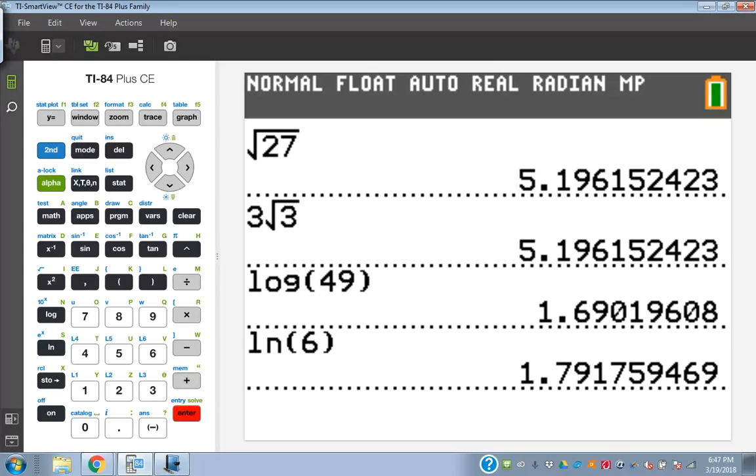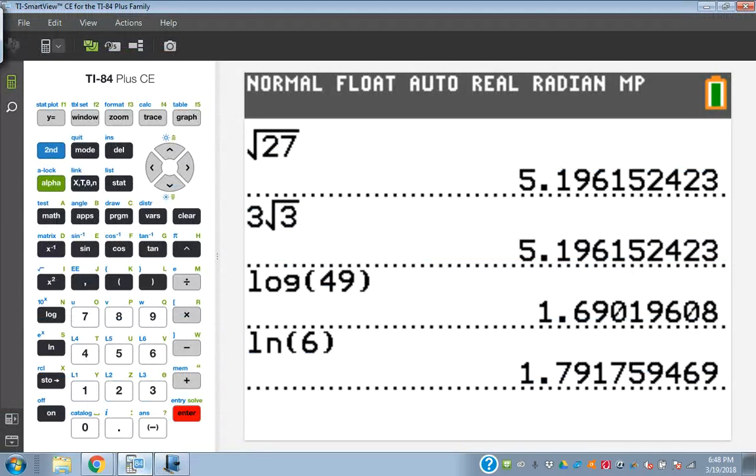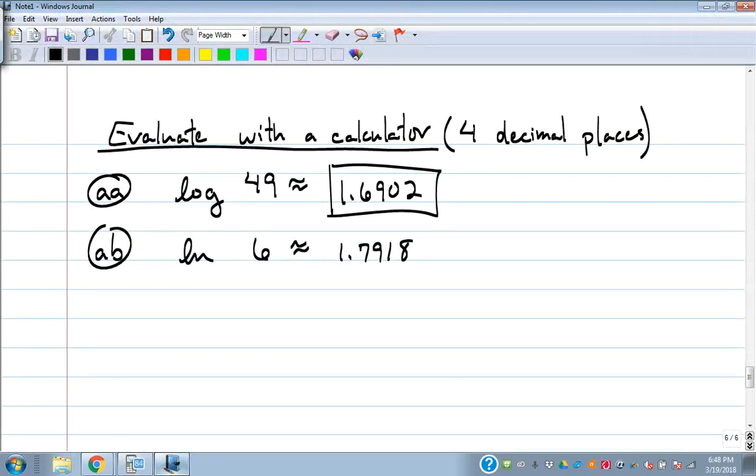And again, we're going 4 decimal places. 1, 2, 3, 4. Look at the 5 afterwards. So that's going to be 1.7918. 5 and up goes up. Copy that, right? Yeah. Okay.